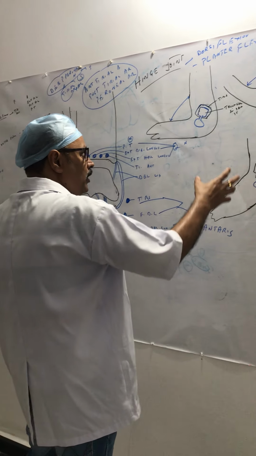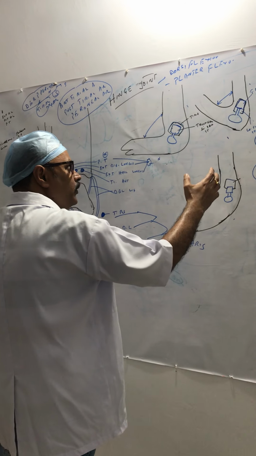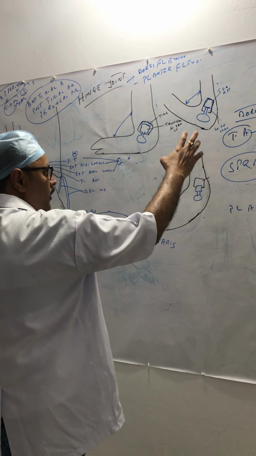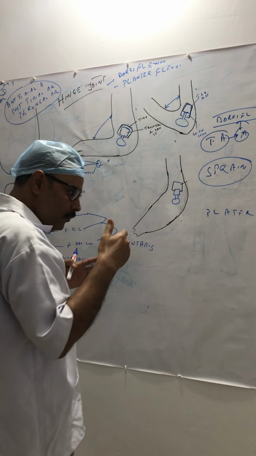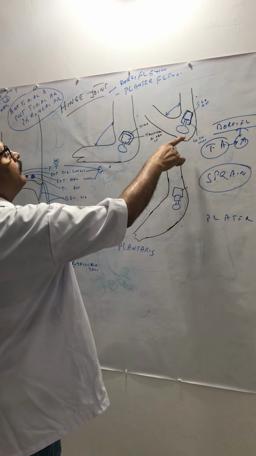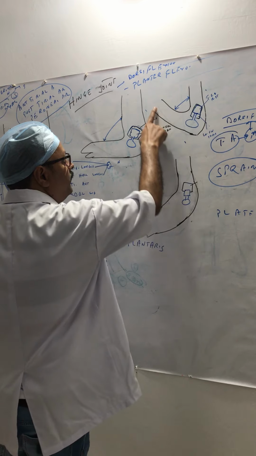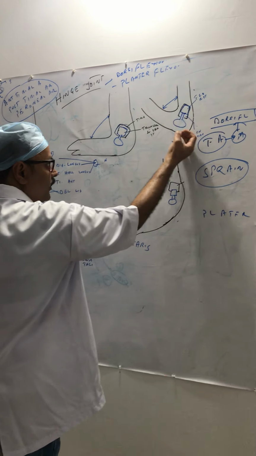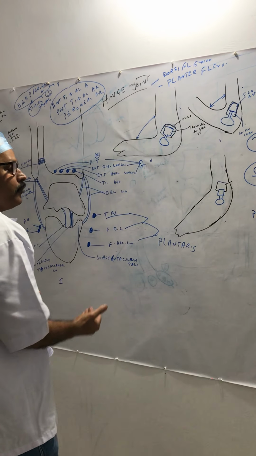Normally, how do we walk? We start with the foot plantar flexed, and when we move forward, the foot is dorsiflexed; the heel touches the ground and the foot goes upward.